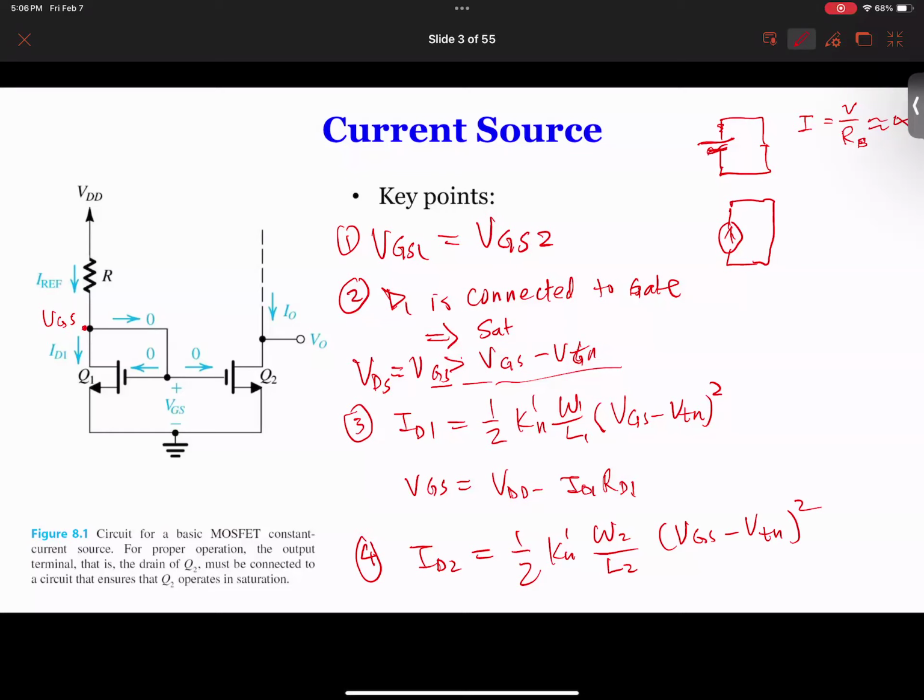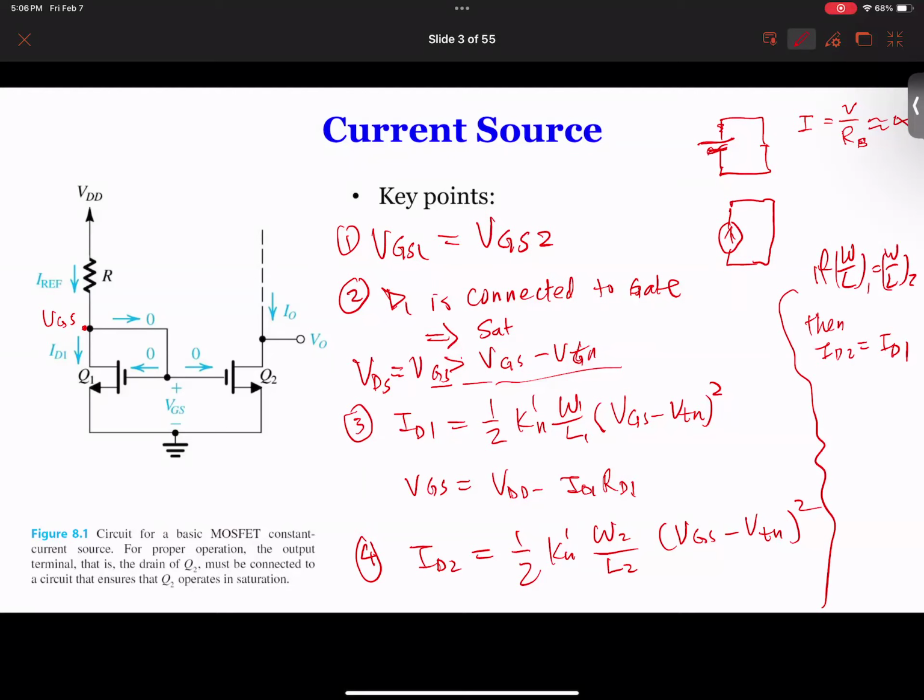So W2 over L2 can be the same, or it doesn't have to be. But if it's the same, what would you find? If W over L1 equals W over L2, then ID2 equals ID1.